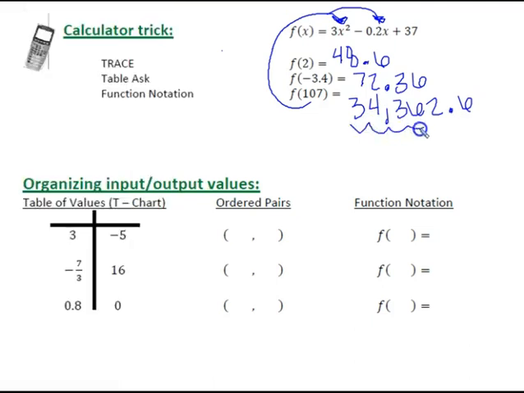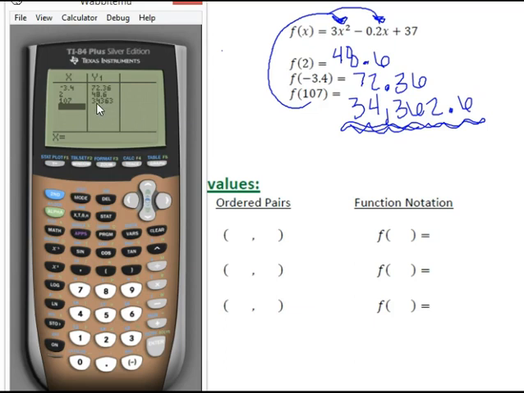This is the more specific, more accurate answer, because your calculator only has so many digits that it can hold numbers in. So notice how it's rounding the 6 over to the 2 to make it a 3 in this case. So just in case you do like this table option, try not to rely on it too much, because yes, you're going to get a close answer, but it might not be the most accurate.